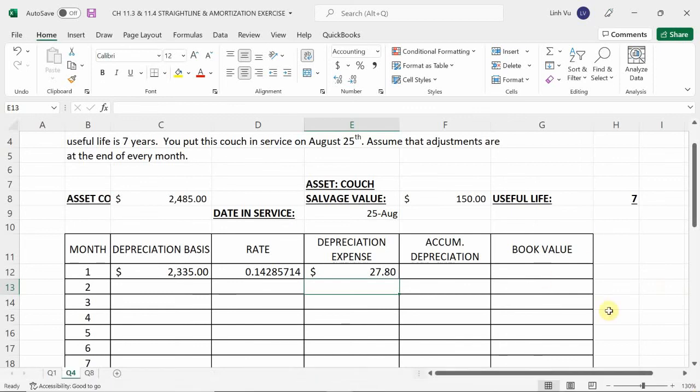Okay, so in this case, what's my accumulated depreciation? You don't have a previous year or a previous month, so you're going to add your depreciation expense for that first month. So what is going to be my book value?